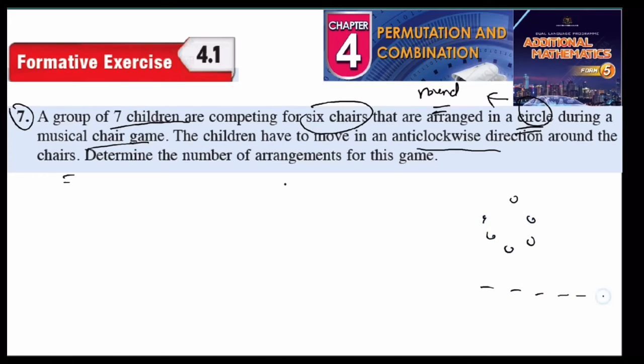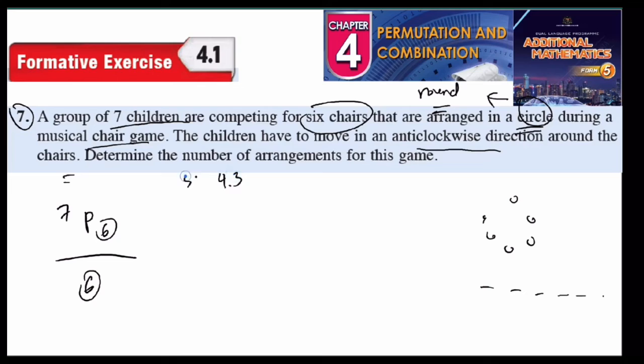That means out of 7 they need to choose 6 places, so it's 7P6. Now we need to divide by 6, because for the number of ways to arrange in a circle you always have to divide by the number of positions in the circle. So 7P6 divided by 6.